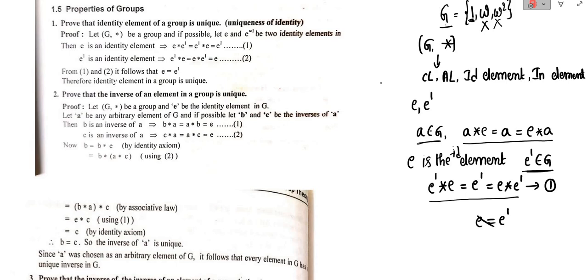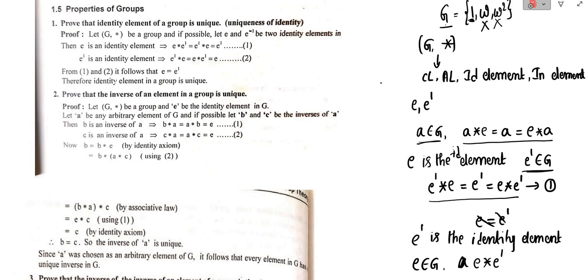Now consider E dash is the identity element, and E belongs to G. That means substitute E in the place of A, and E dash in the place of E. Then we get E star E dash.